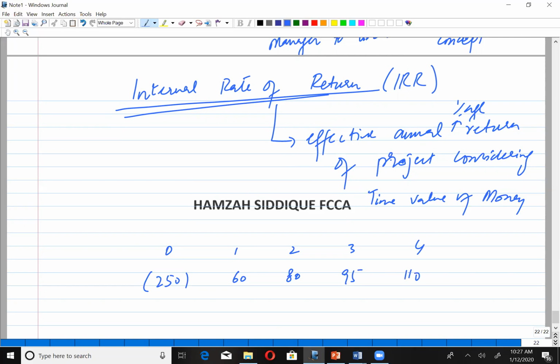Now, for example, cost of capital, our discount rate, is 10%. So discount factors are 0.909, 0.826, 0.751, 0.683. So we will calculate NPV at 10%.